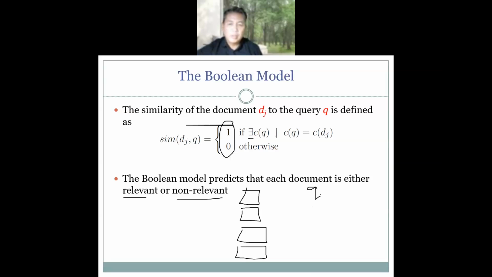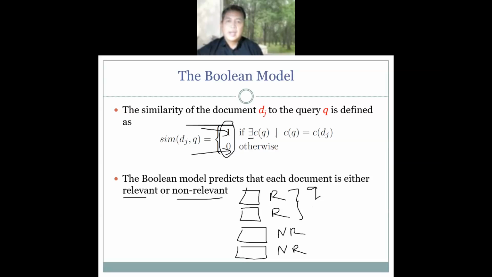When you test using the Boolean model based on this query, we say this is relevant, this is relevant, this is not relevant, this is not relevant. But between these two, we cannot say that the first document is more important than the second document because we just say relevant or not relevant. We cannot quantify the ranking of the document because we just use 0 and 1. Relevant or not relevant.